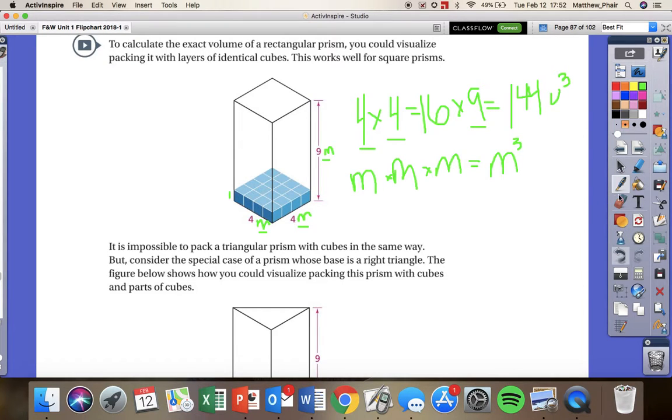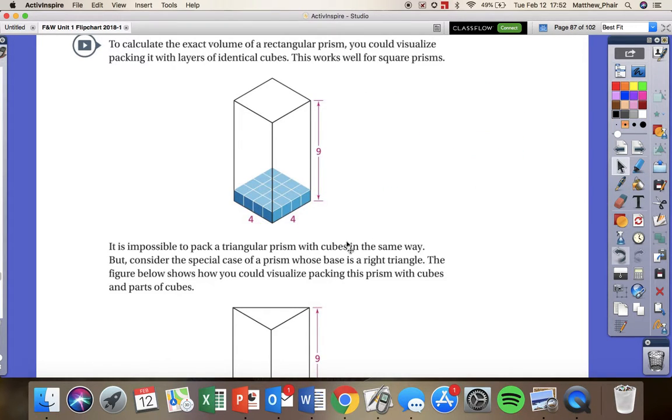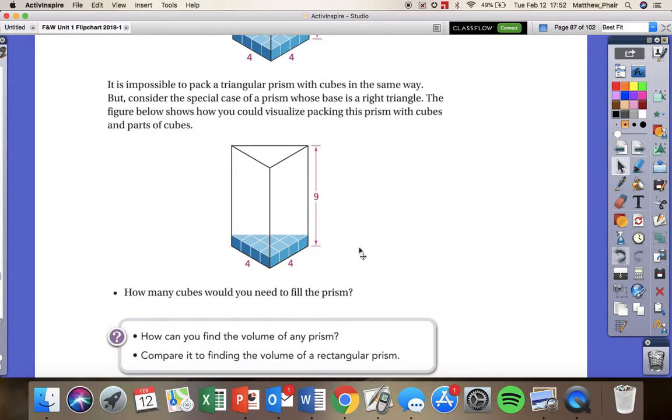Now, as we continue to think about prisms, square prisms are easy. When we come down here, though, we've got a triangular prism. This is where we go to what we talked about. How do I find the area of a triangle? In this case, the right angle helps me find my base and my height. And so I know that the area of the triangle is 4 times 4, which is 16.